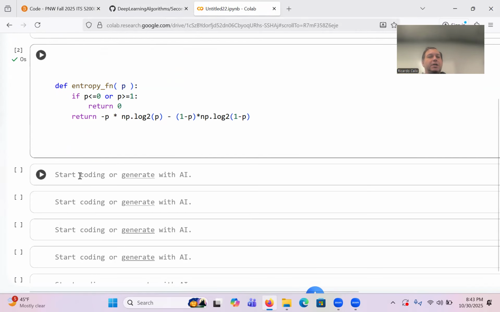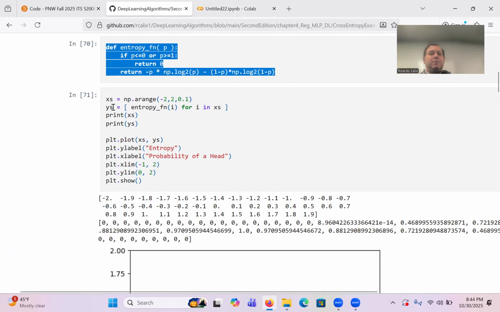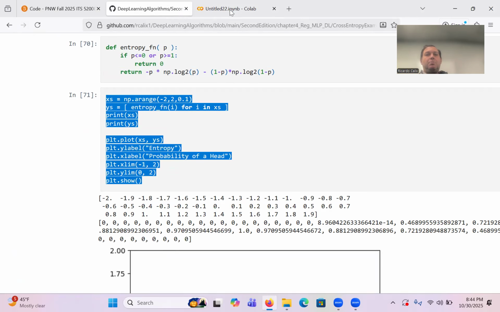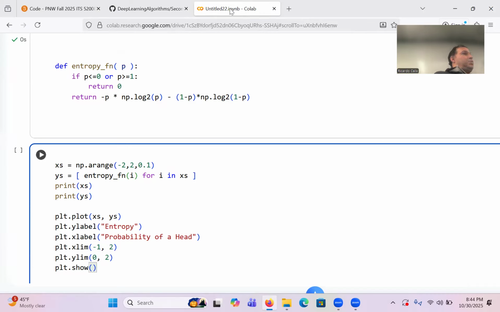So we add the function in here, and now I'm going to prove to you guys that this whole thing I was saying is true, of flipping the coin and everything. The point is, this formula captures what I just said exactly. So let's go ahead and grab this. This is just me creating a plot of values between -2 and 2, but in the range between 0 and 1, which is the probability, we're going to see that behavior that I was discussing about where's the uncertainty.